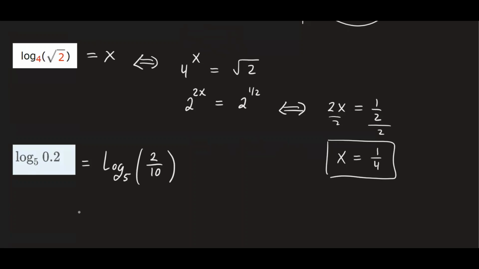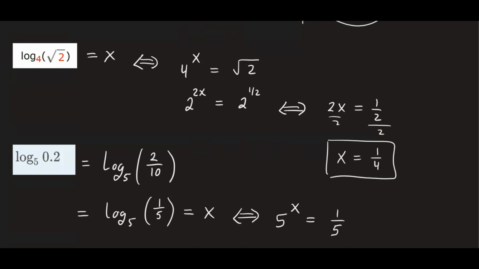And then I can simplify 2/10, so we have log base 5 of 1/5. Now let this equal x, and then we rewrite it as an exponential. So we have 5 to the x is equal to 1/5.